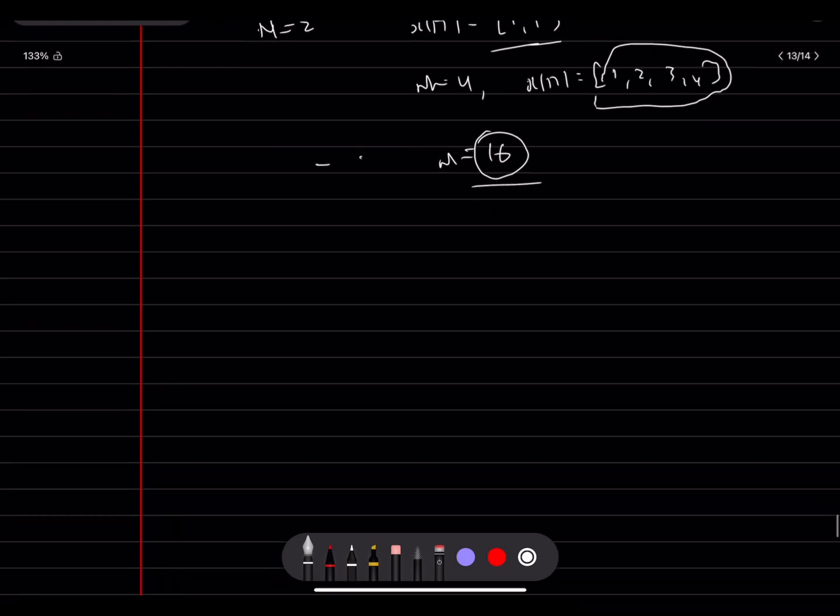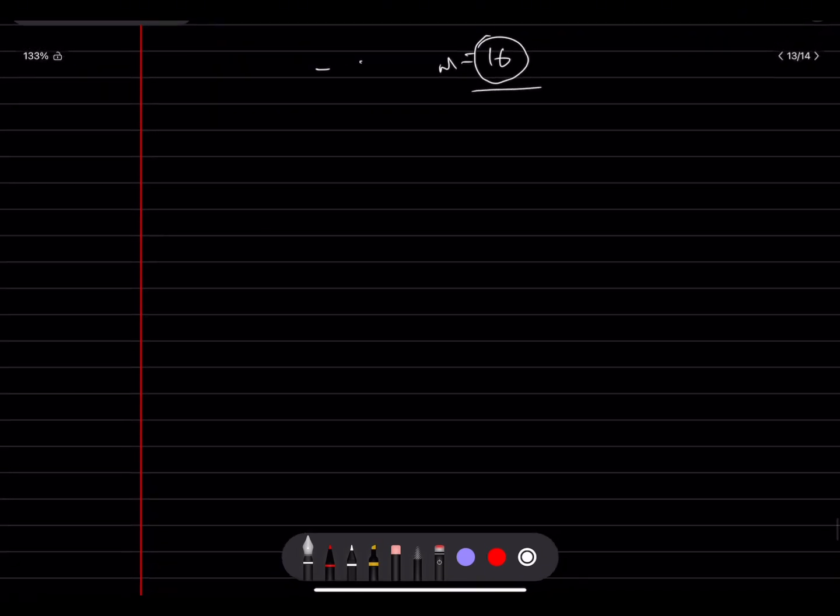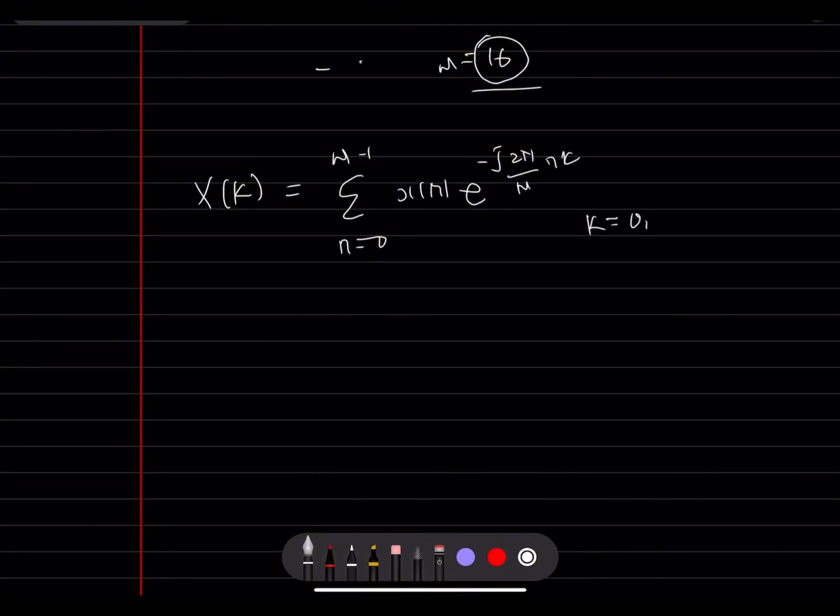So, as I said, the linear transformation method, let's derive something small here. X of k is equal to the summation of n equal to 0 to N minus 1, x of n, exponent negative j 2 pi over N nk, where k is equal to 0, 1, 2, up to N minus 1.